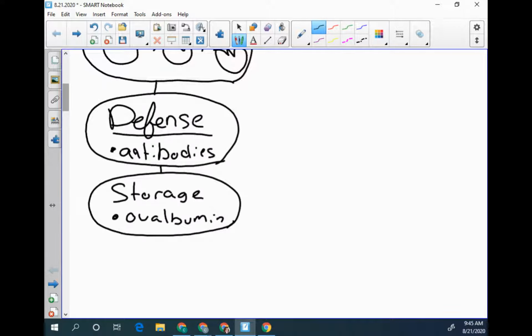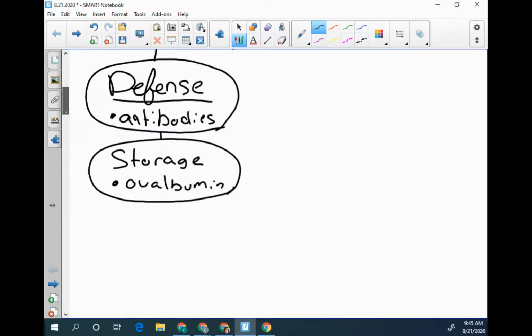Like crackable eggs. There is a store of proteins in there called ovalbumin. I believe it's the white stuff. It might be the yolks. But essentially, all the proteins, all the nutrients, all the stuff that the growing organism would need is stored in that ovalbumin.